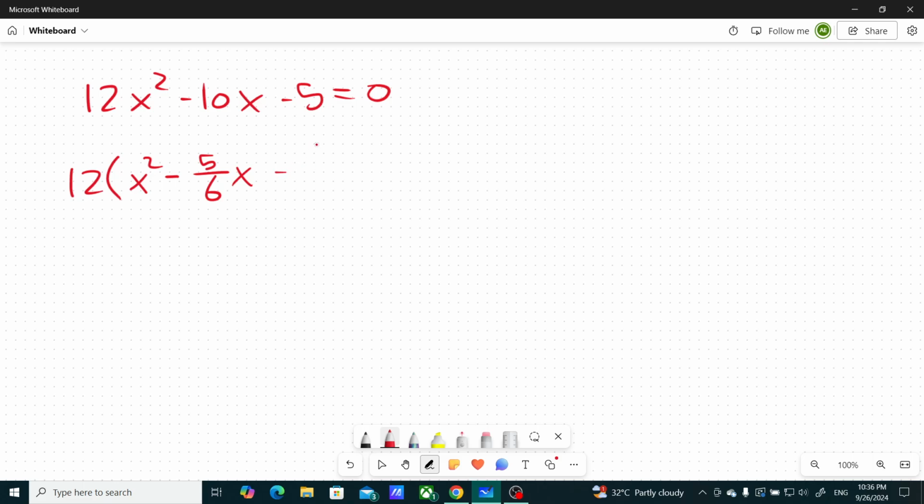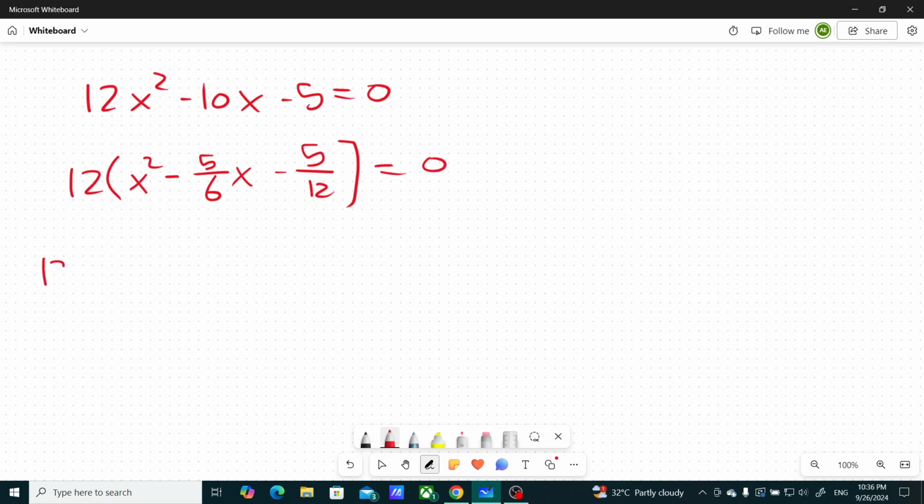Let's take 12x squared minus 10x minus 5 equals 0. So this is the case where a is not equal to 1. So I will have to take this 12 out. x squared minus 10 divided by 12 is basically 5 over 6x, minus 5 over 12 equals 0.